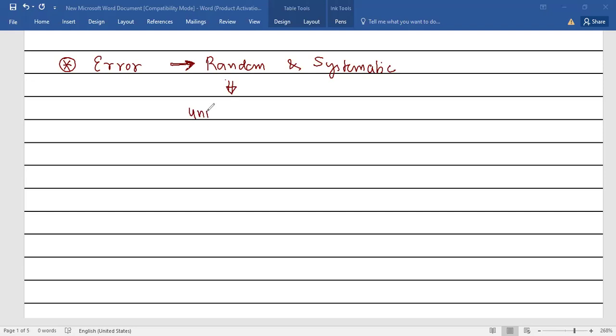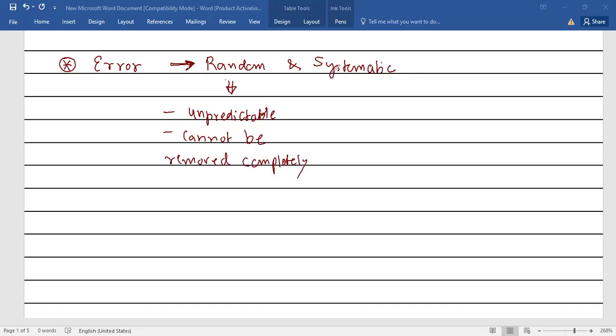So it is totally unpredictable, and that is the reason that it cannot be removed completely. There will be a little bit of random error present always.